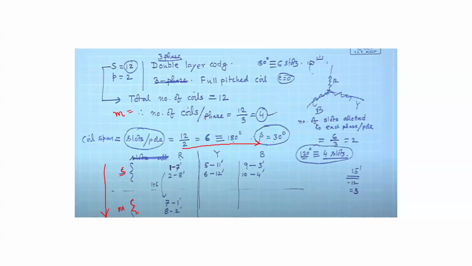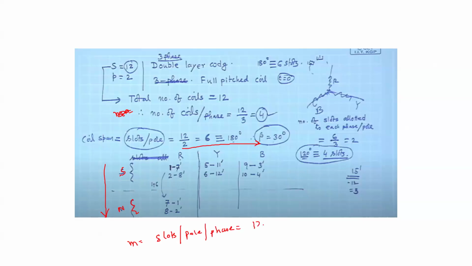So first of all, this is not M, M is slots per pole per phase.